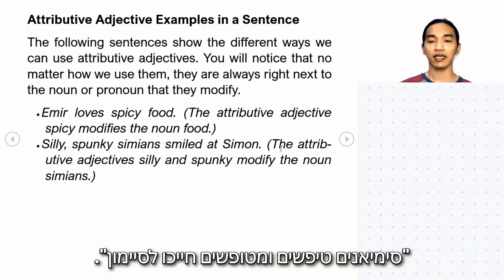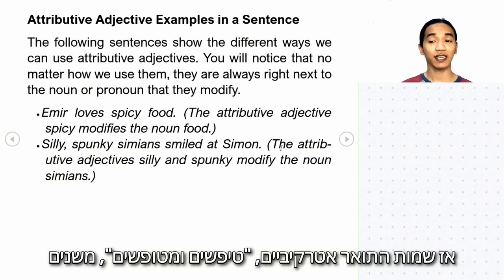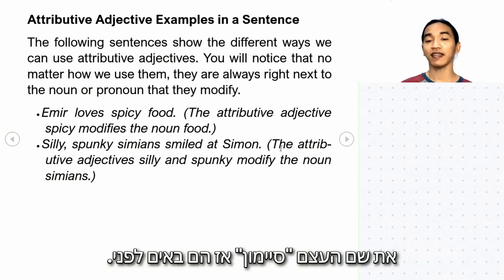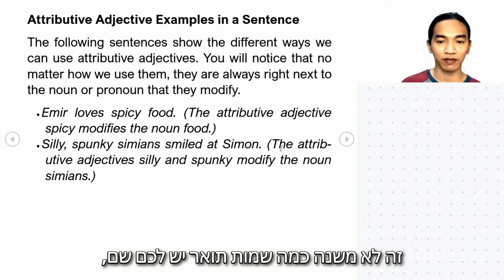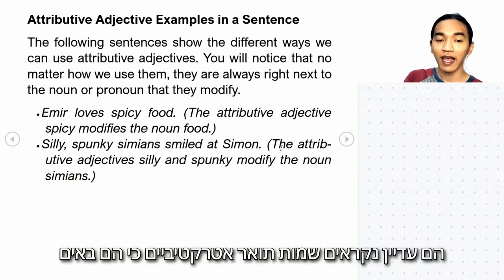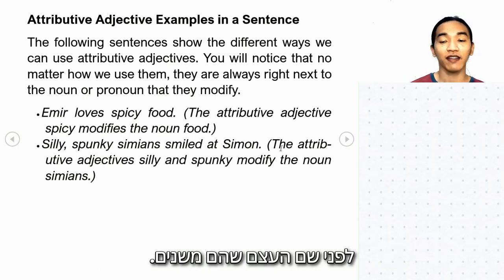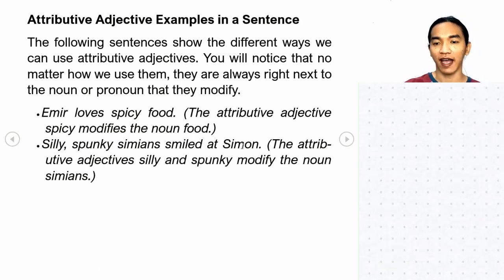Next, silly, spunky simians smiled at Simon. The attributive adjectives silly and spunky modify the noun simians, so they come before. It doesn't matter how many adjectives you have there. They're still called attributive adjectives because they come before the noun that they modify.